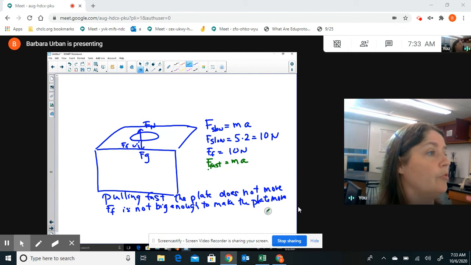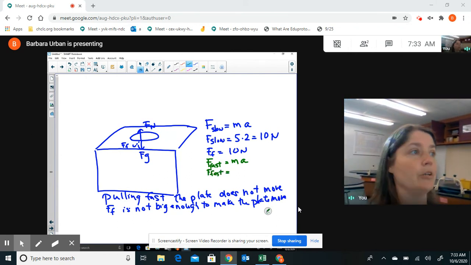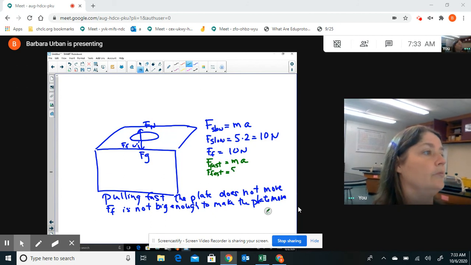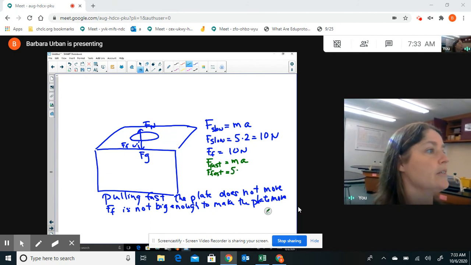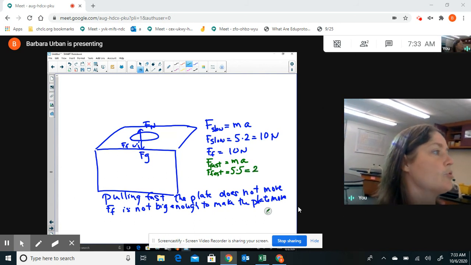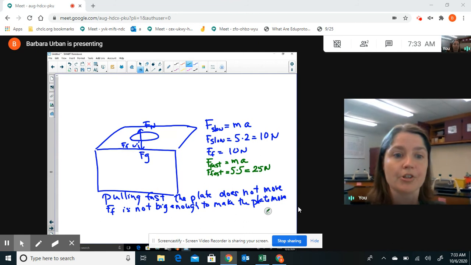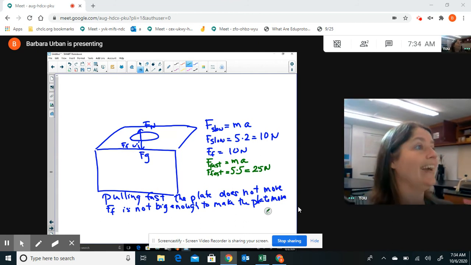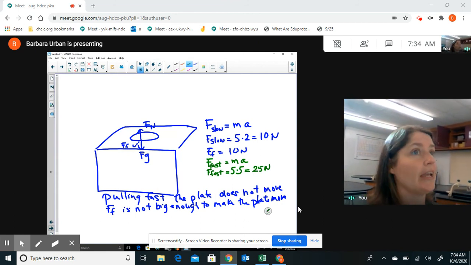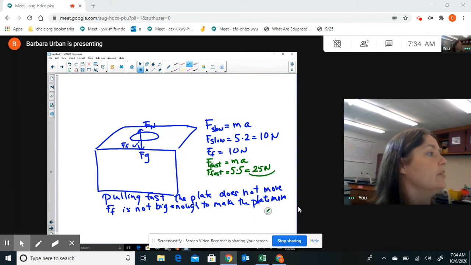So in the Google form, we gave you the tablecloth moving with an acceleration of 5 meters per second squared. And the plate weighs 5 kilograms, so the force would have to be, of course, 25 newtons. Well, frictional force is limited by the interaction of the surfaces. And basically, you can't get enough frictional force to get it this high.